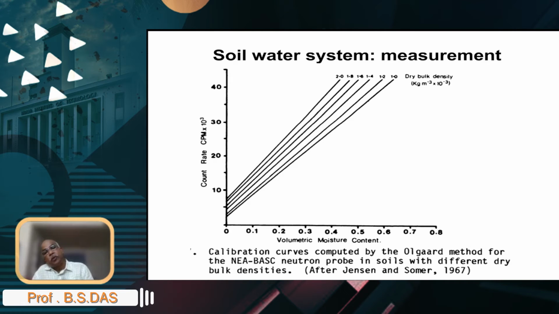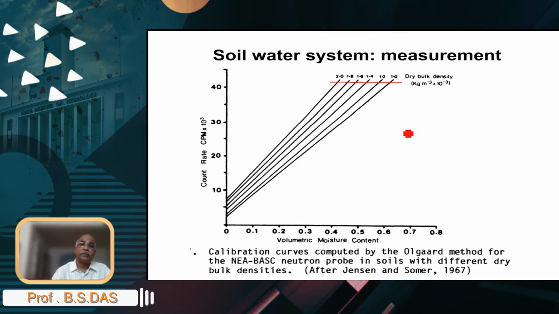The volumetric water content as a function of the count ratio, these linear standard curves, depend on these densities, so the condition of the soil would change the standard curves. Bulk density is not an invariant property of soil. So as the density changes from time to time, you need a different standard curve, and that's not very convenient.